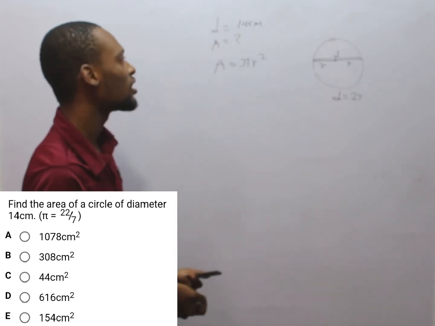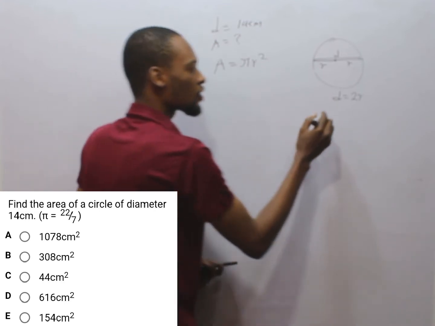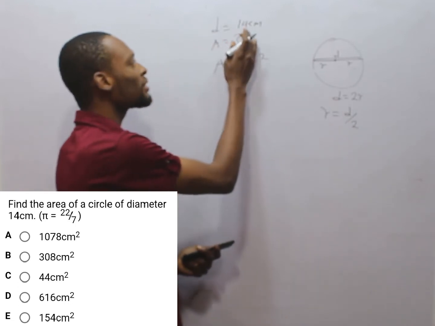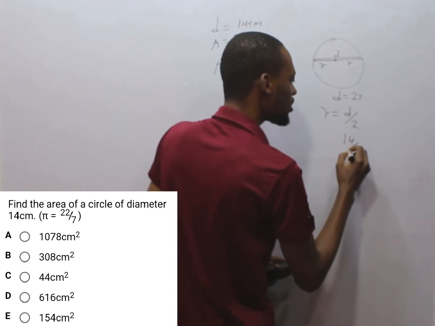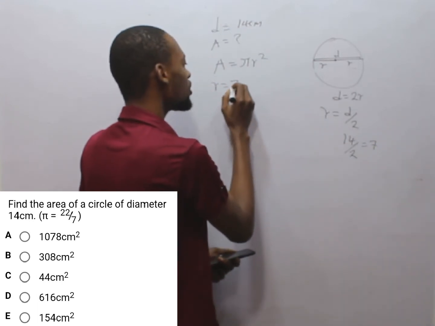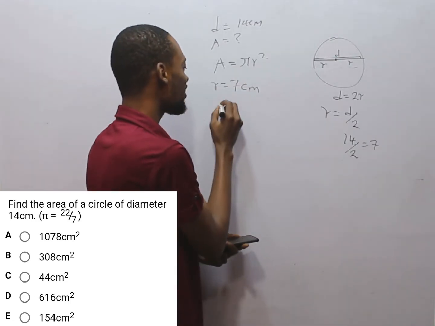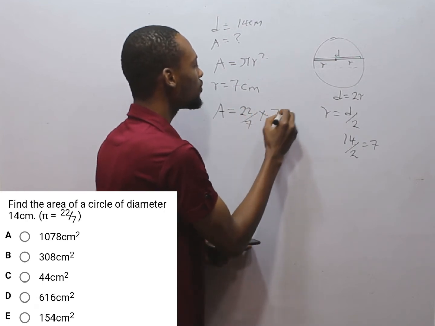So since we are given diameter and we are asked to look for radius, radius is simply diameter over 2. Diameter is 14. To get radius from diameter, we simply say 14 divided by 2. That is 7. So the radius of this circle is equals 7 centimeter. Now that we've gotten this, area is simply 22/7 times 7 squared.